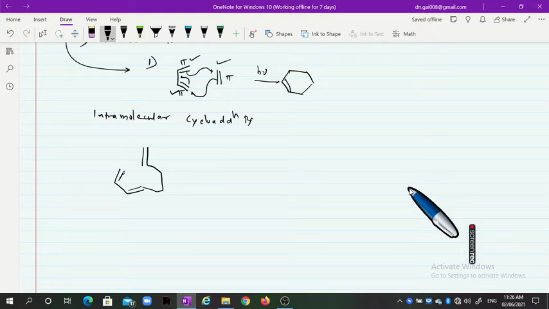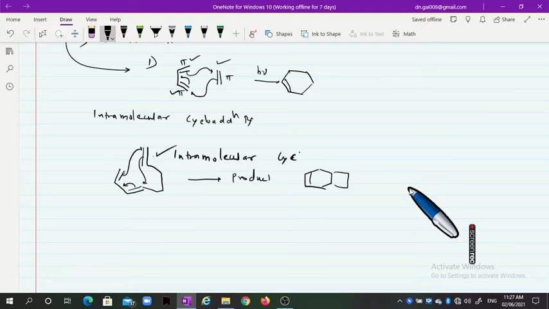Then this will add to this, add to this, and add to this, and obtain the product. Such a type of product is obtained. This addition of these two unsaturated systems appears in a single molecule. Therefore, such a type of cycloaddition reaction is the intramolecular cycloaddition reaction.